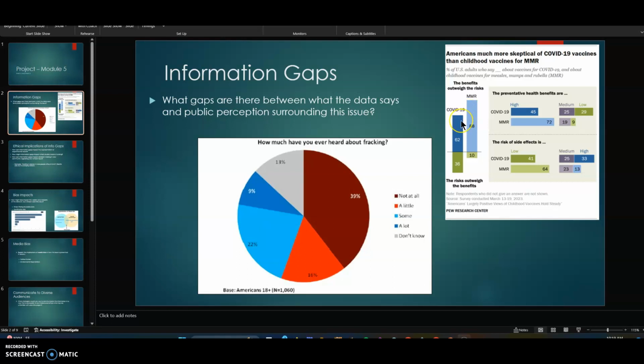And a lot of people were very skeptical of the COVID-19 vaccine because of how quickly it was made, and there was a lot of misinformation surrounding it. So there are gaps between what the data says, which is that these two vaccines are very helpful in preventing the diseases, versus what the public perceives from them.